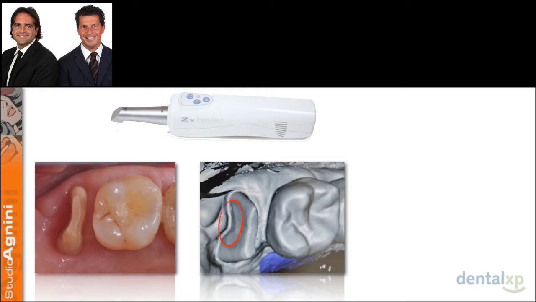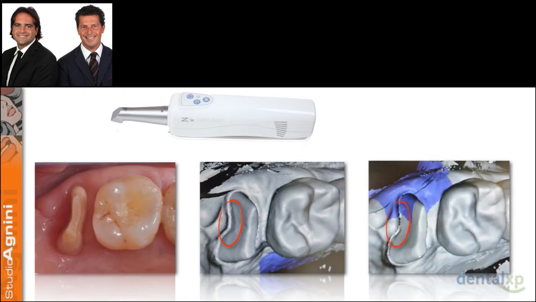We took this digital impression and we saw that there was an undercut, and this is a very important thing that I'm telling you right now, because in real time, while the patient is still sitting in your chair, you can see something that is not working in your final impression. The only thing you have to do is take the bur, reprep the tooth, and retake another impression, and you can check before and after, and you can see now that the undercut is gone.